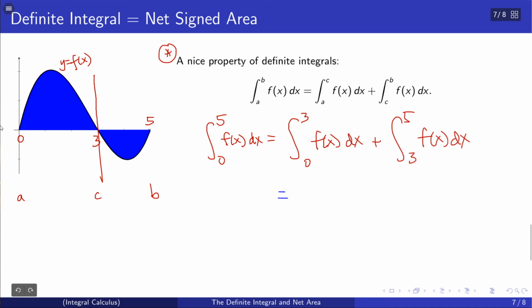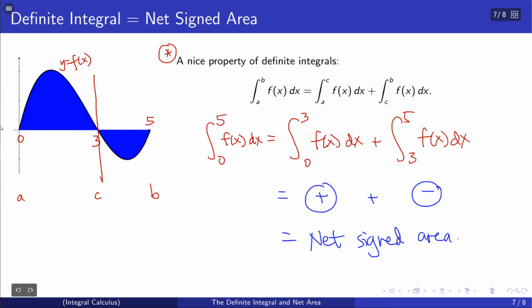And so what you'll get here is something positive plus something negative. We will call this the net signed area. And I don't really want to say under the curve, because it's over the curve if the curve is below the x-axis. So you can think of this as the area in between the curve and the x-axis. So it's the net signed area, where we take negative if it's below, positive if it's above.